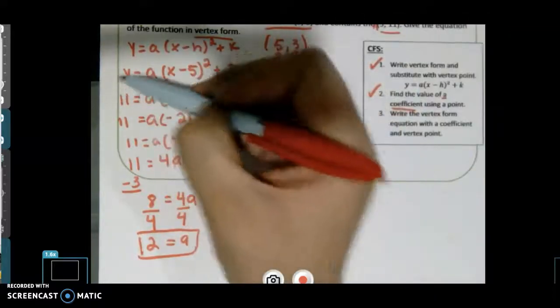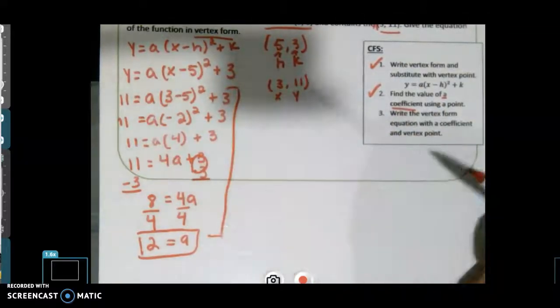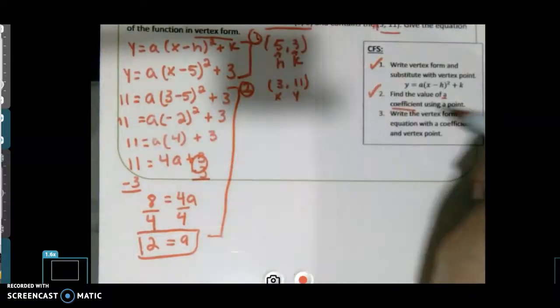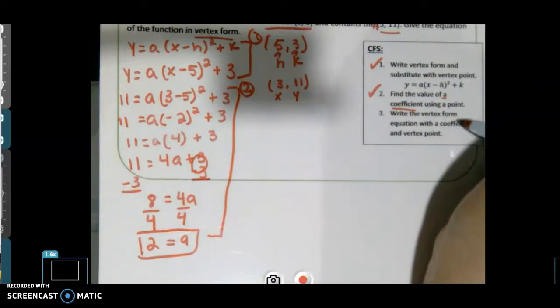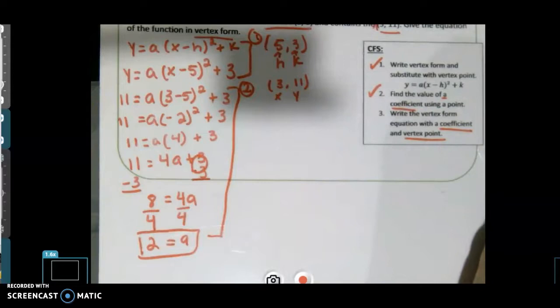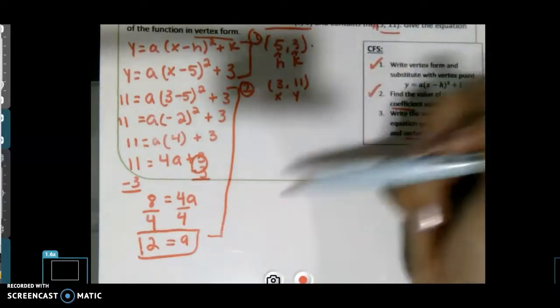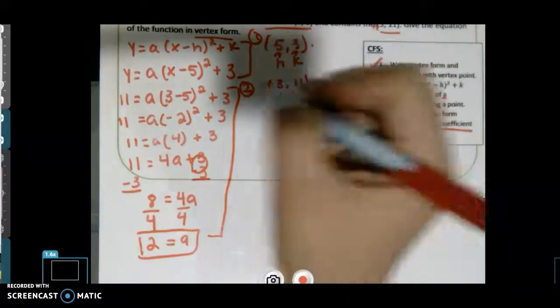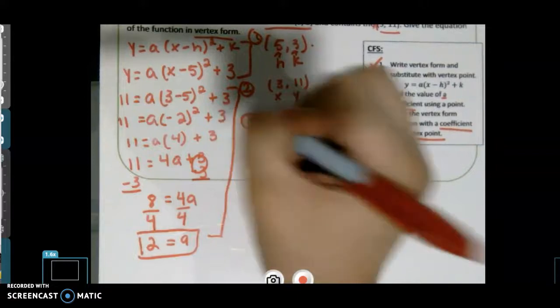So all of this right here, guys, was step 2. Now step 3, we got to write the vertex form with the a coefficient and the vertex point, just like we did last time, okay? So we do got my vertex point and we do got my a coefficient, all right? So remember, we got to substitute. So this is step 3 right here.